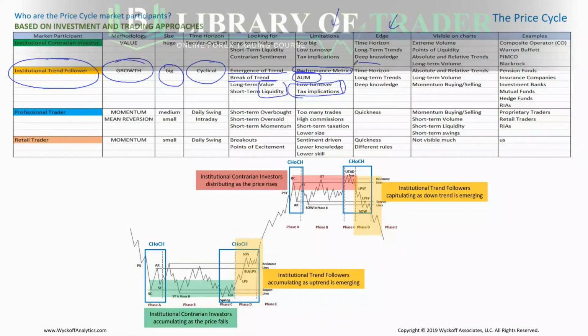Their edge is in their time horizon, cyclical time horizon, long-term trends, whether those are absolute or relative trends, and also in the deep knowledge that the contrarian investor has. And those are usually going to be your pension funds, insurance companies, investment banks, mutual funds, hedge funds, registered investment advisors. They're going to operate at the specific place in the structure.